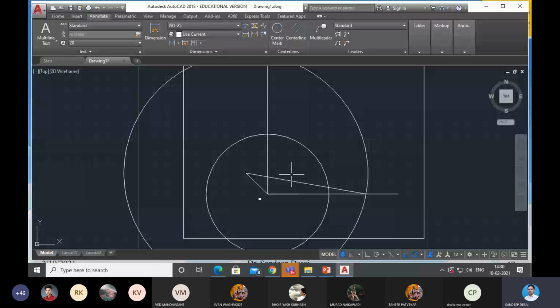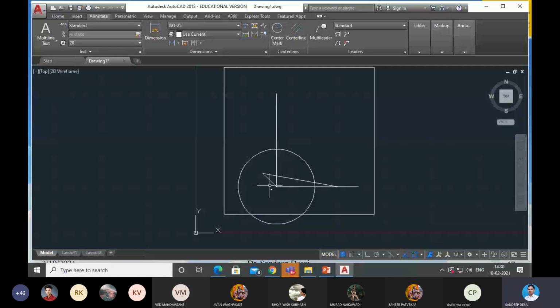So, now let us delete these two circles. Now this circle is still required. Now from point A, how much is AB? 102, right?